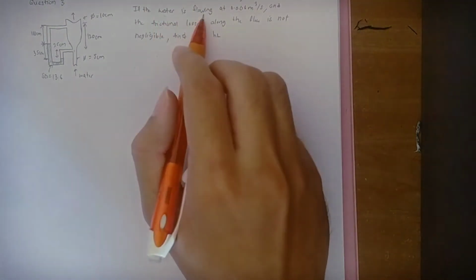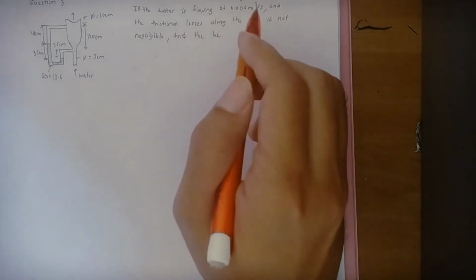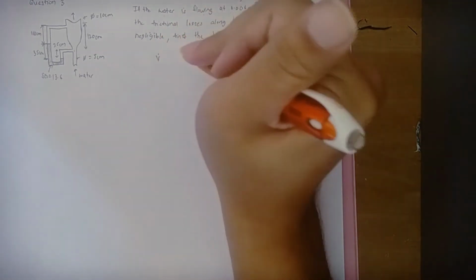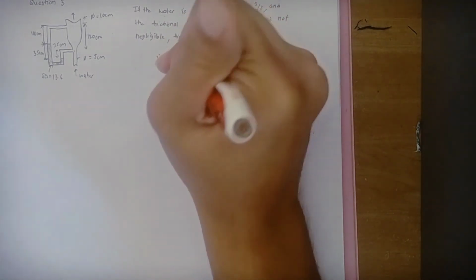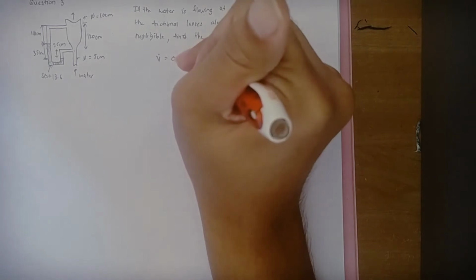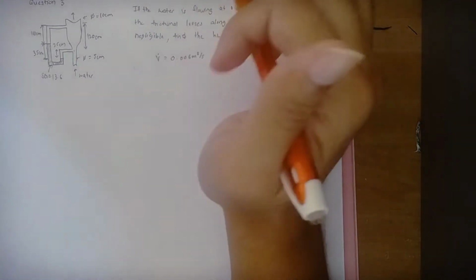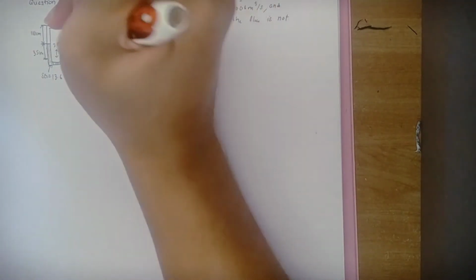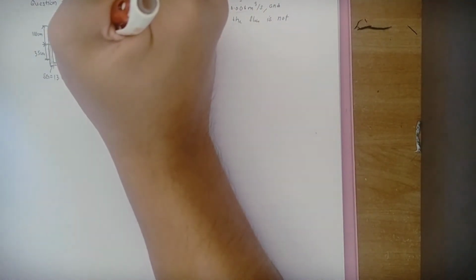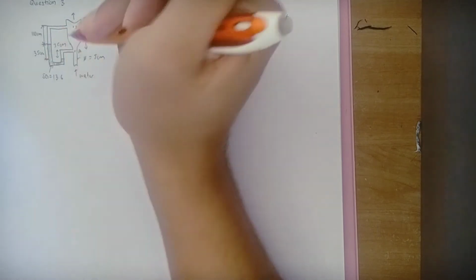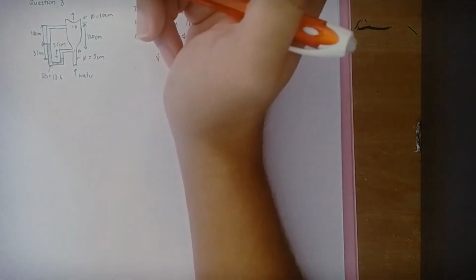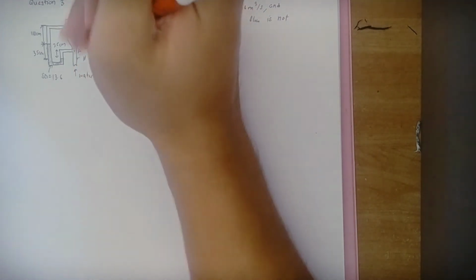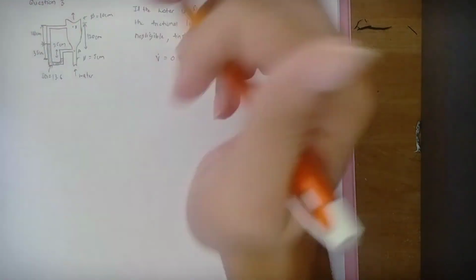Since the water is flowing at 0.006 meter cube per second, this is our volume flow rate of the water. And then find 2 points in the diagram. I will choose point B here, point A here, because it is easy for us to find the pressure between point A and point B.